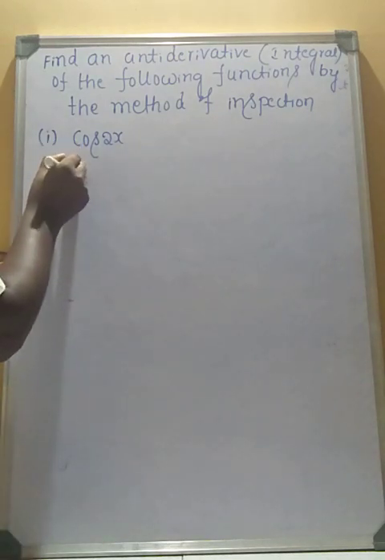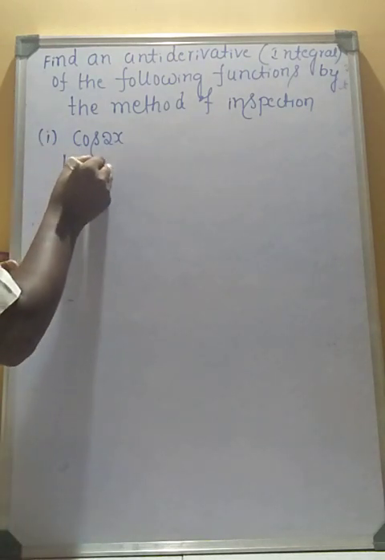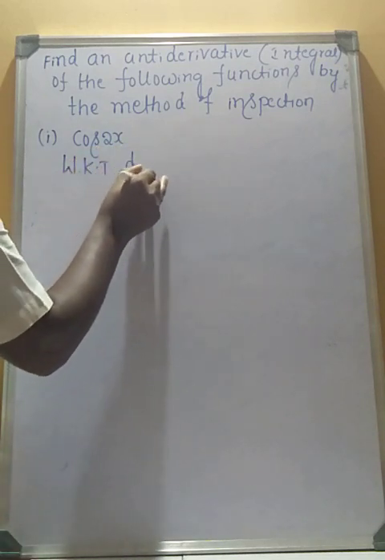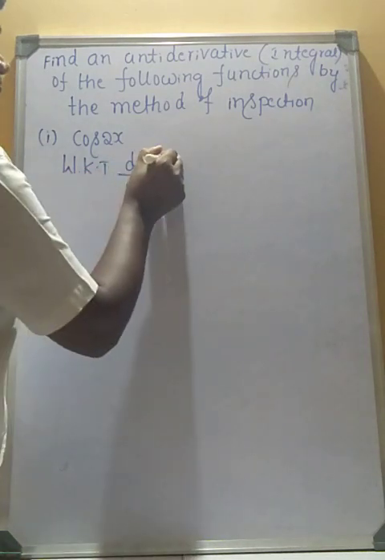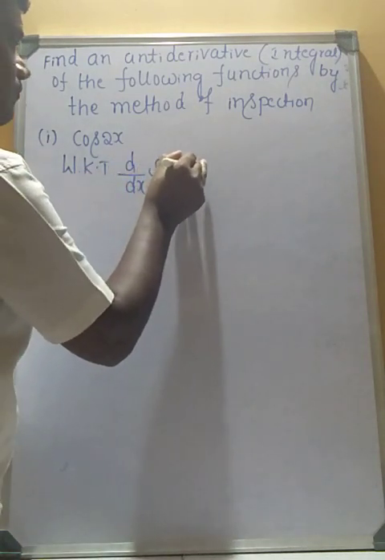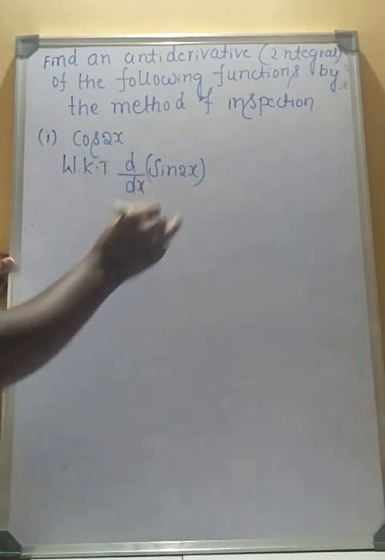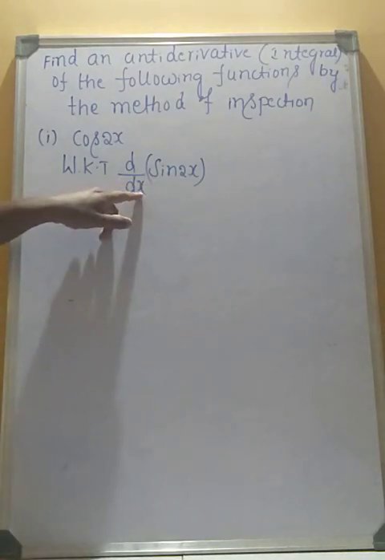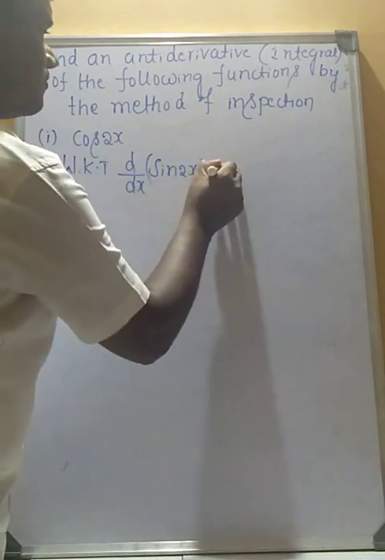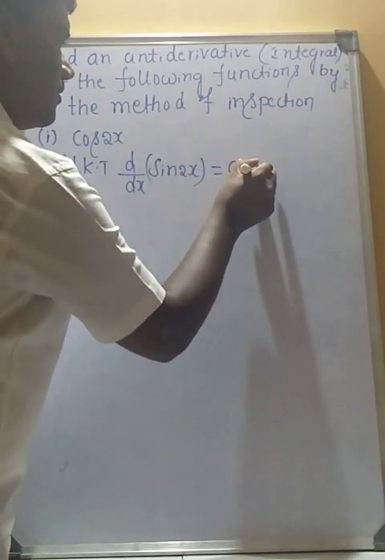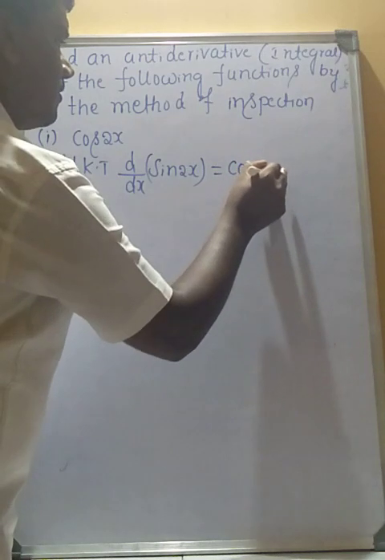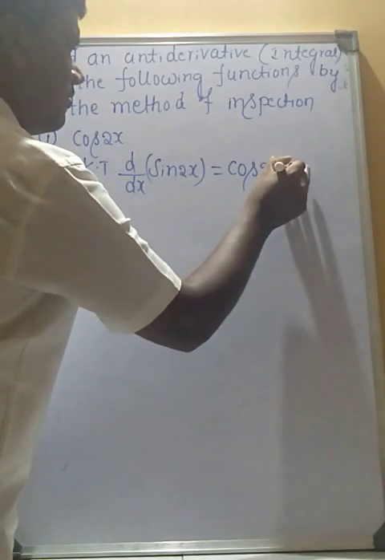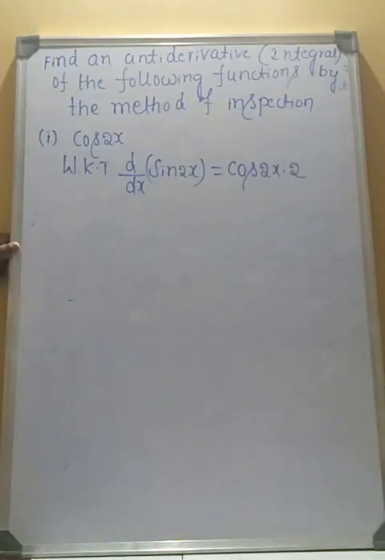We know that d by dx of sin 2x, the derivative of sin 2x with respect to x, is equal to, using the sin x formula, cos 2x into d by dx of 2x, which is 2.